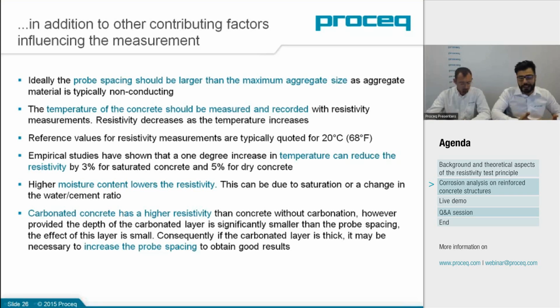In this presentation, we are assuming on-site testing of new structures. Generally speaking, a temperature increase can reduce the resistivity by about 3% for saturated concrete and about 5% for dry concrete.